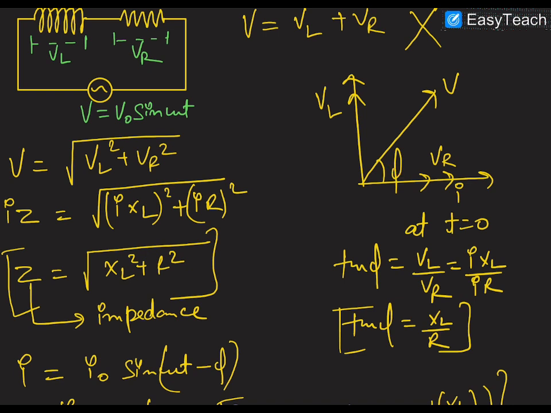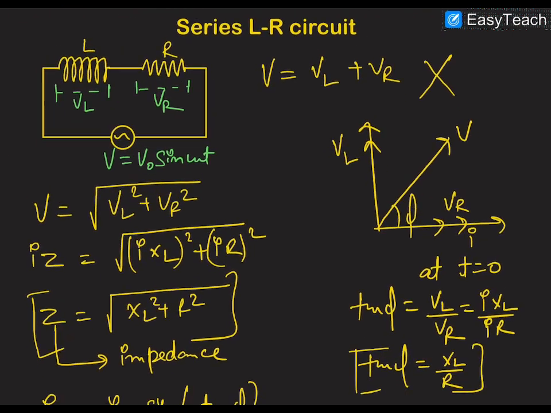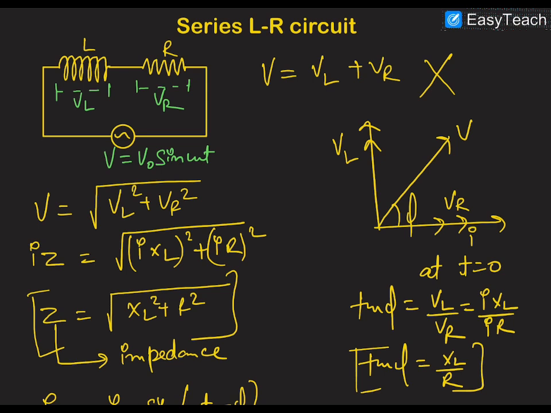If phi had been 90 degrees, it would have clearly indicated a pure inductive circuit, but phi is not 90 degrees, so it shows that this is not a pure inductive circuit, and there is some other element also present, which is resistance in this case. So this phasor diagram itself tells about the presence of circuit elements in the combined circuit.